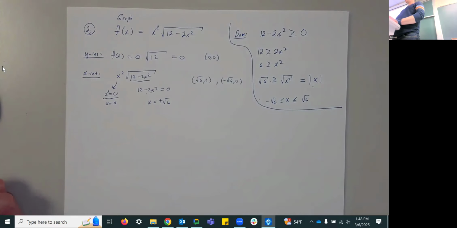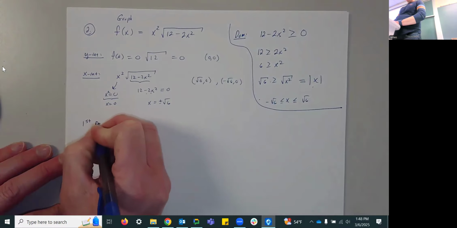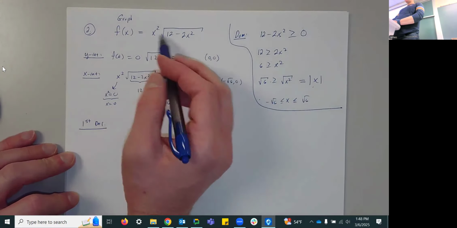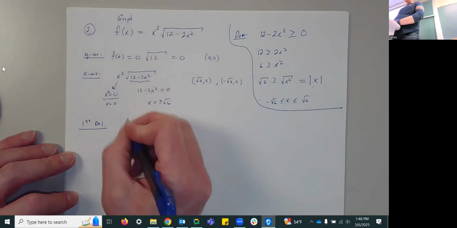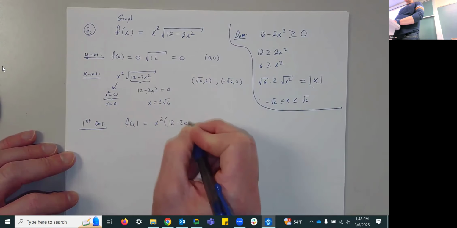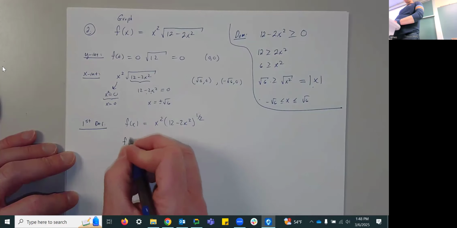The first derivative stuff is going to be a little bit gnarly. I would certainly imagine this as x squared times this quantity raised to the 1/2 power. So my function is x squared times (12 minus 2x squared) to the 1/2. To take the derivative, we're going to have to use the product rule.